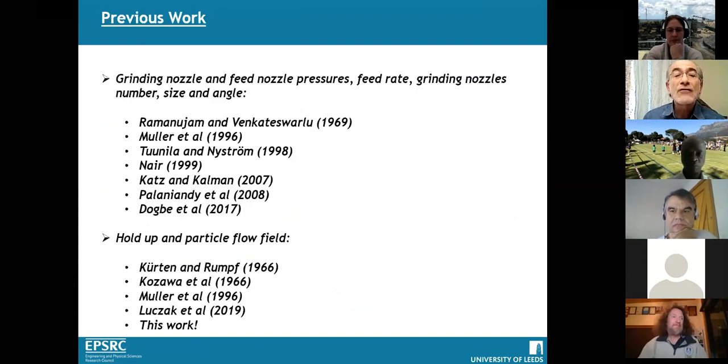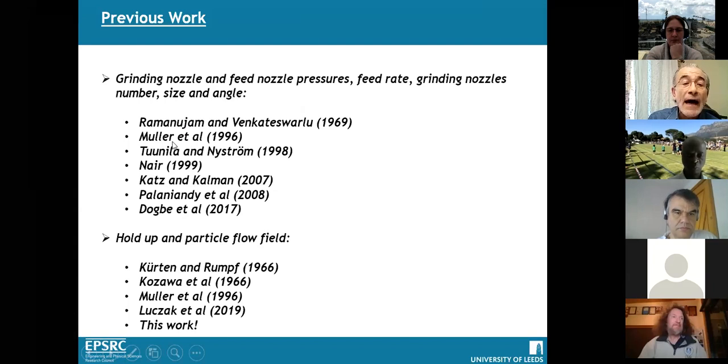Just to give you a little background in the field to acknowledge the contributions of previous workers. I have classified them into 2 areas. One is grinding nozzle and feed nozzle pressures, feed rate, grinding nozzle number, size, and angle. And I have listed the previous workers in here.